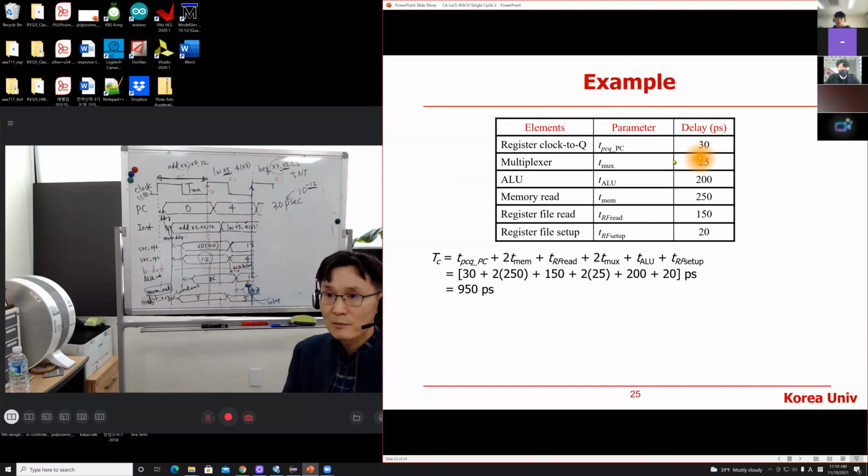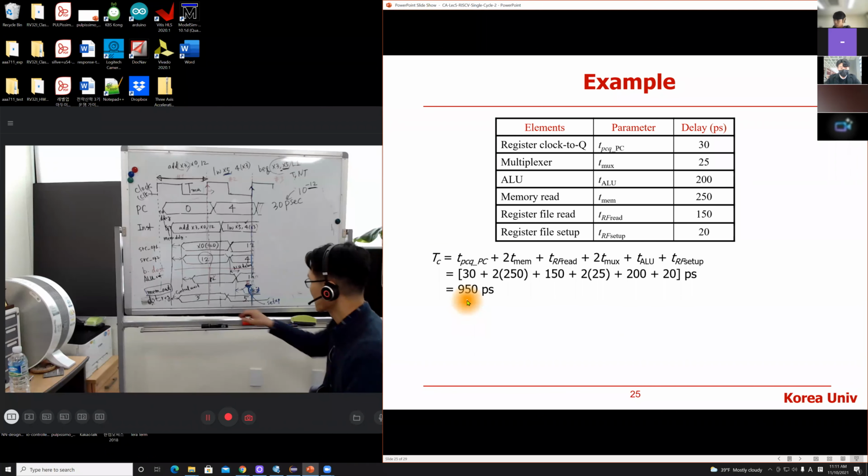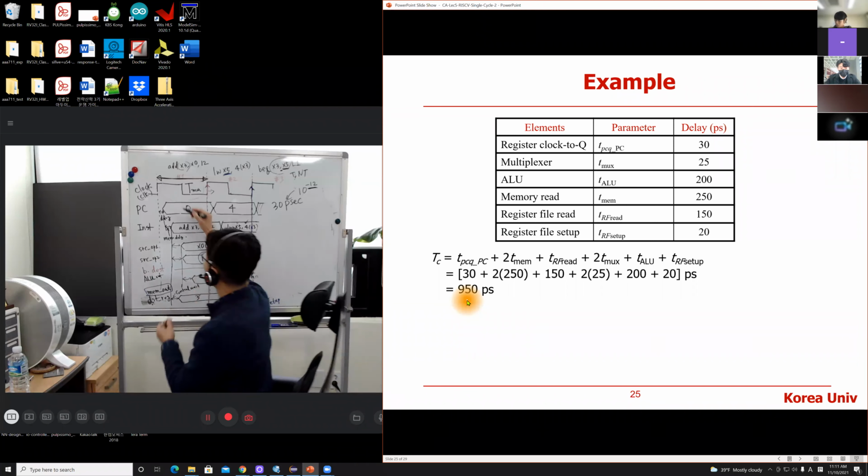Multiplexer delay is 30 picoseconds, ALU delay 25 picoseconds, 200 picoseconds to get the ALU output, memory access delay 250 picoseconds, and so on. If you plug these numbers into that equation, you get 950 picoseconds. That is the minimum clock period.